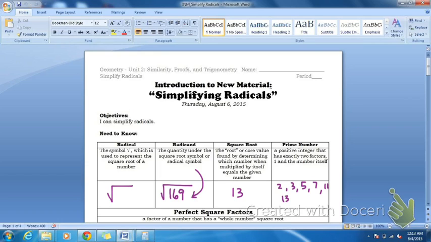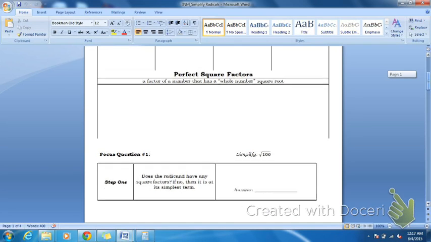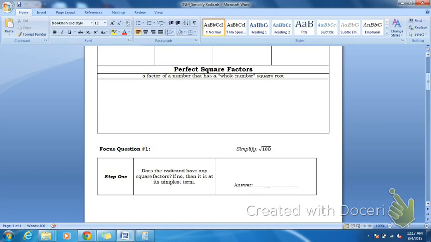Alright, now let's take a look at a little bit more, looking at perfect square factors. Those of you who had me for Algebra 1 may recall some of these. A number that does have a square root.